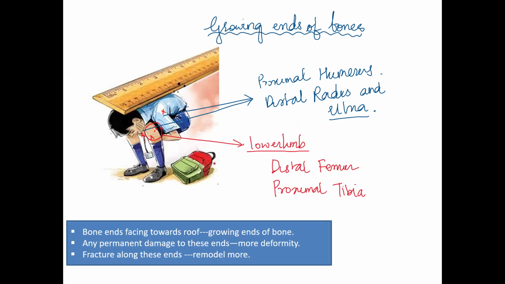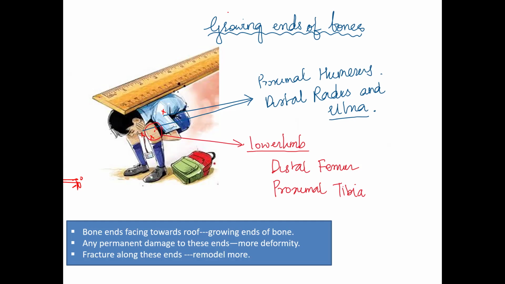So these four are the important physes which contribute almost 70% of the growth of that bone. When you are squatting while holding your ears, whatever ends of the bone are facing towards the roof, those are actively growing physes, contributing more than 70% of growth to the bone.